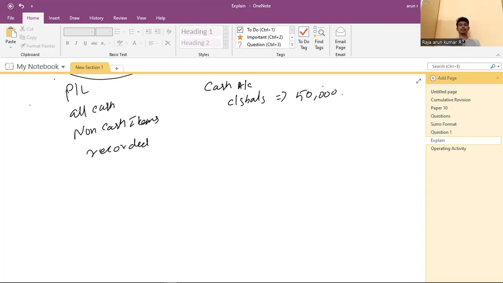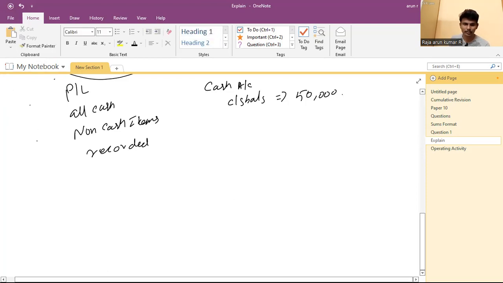Okay, both concepts will be understood in a simple way. We find out the exact cash, we reverse all the items. I give an example. If all cash items, sorry, all cash items they given us 40,000.